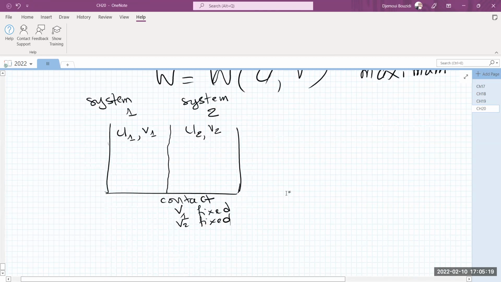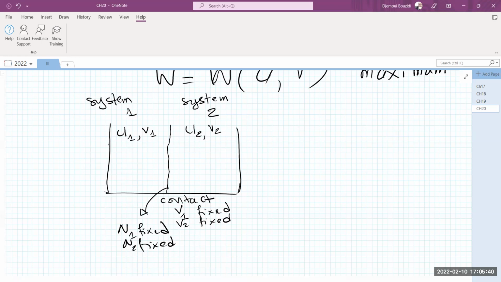That's number one. The Ns do not change. This is an impermeable wall. That means N1 is fixed and N2 is fixed. So that when we put them together, there is no way that some particles will somehow slip from one side to the other. That's not going to happen, okay?